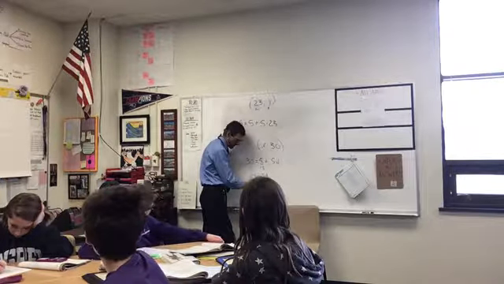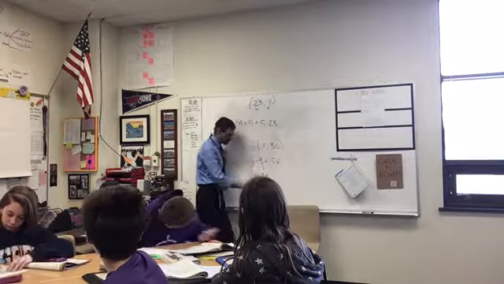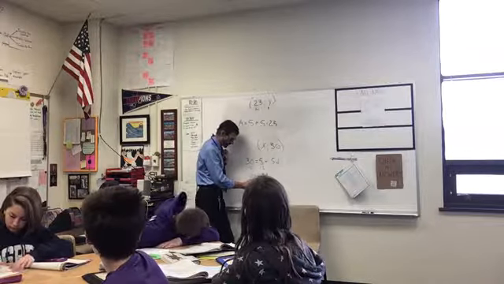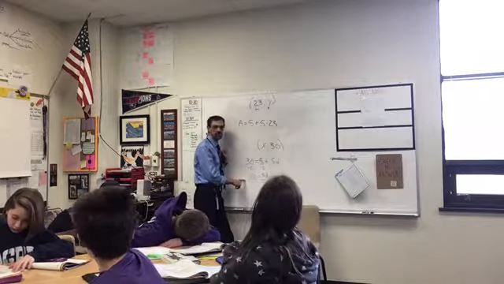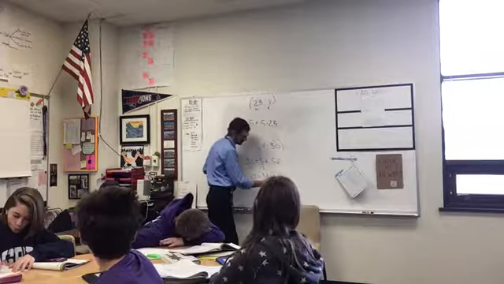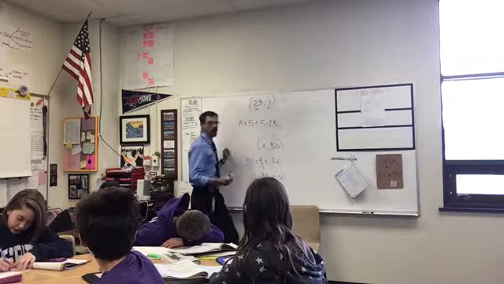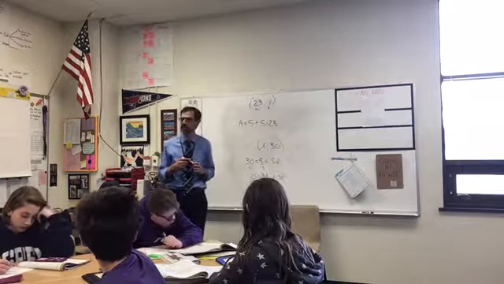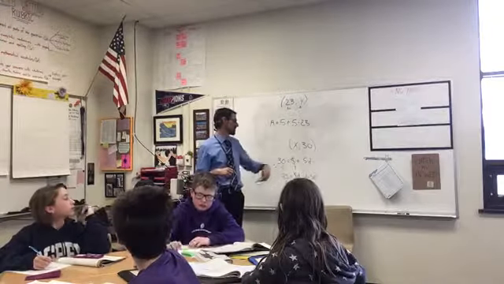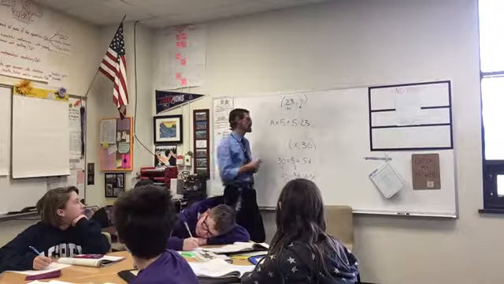Divide by 0.5. That turns to 1. Divide by 0.5. 25 divided by a half. D equals. So how far do I need to walk if I want to make $30? I have to walk 50 kilometers.